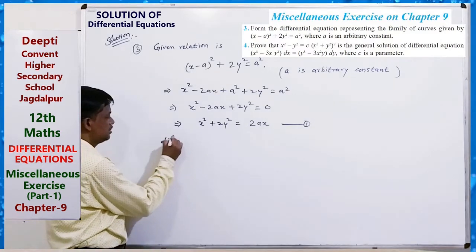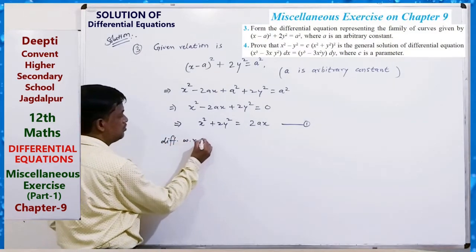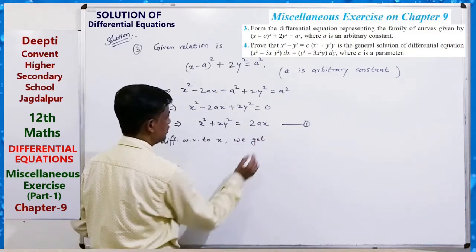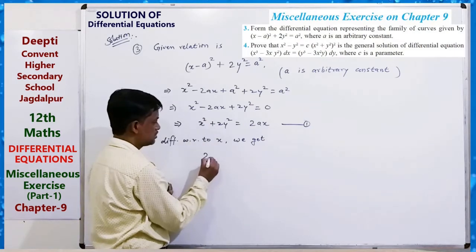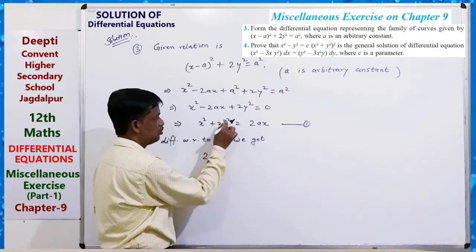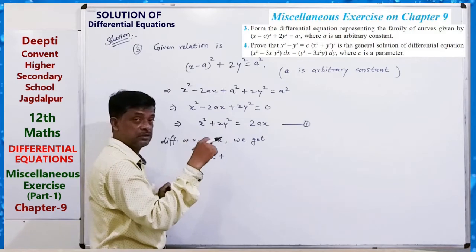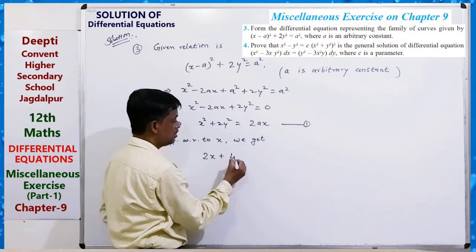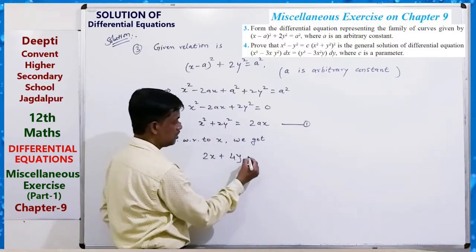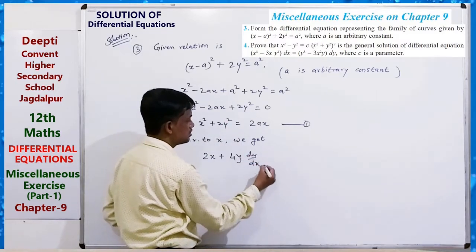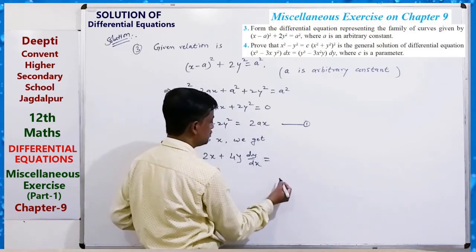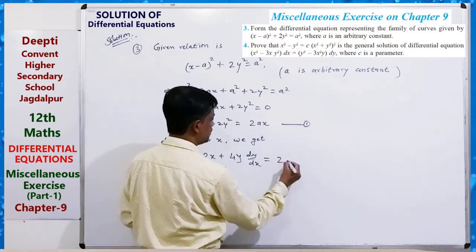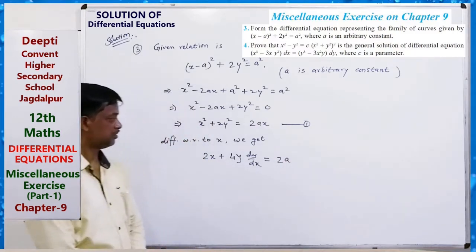Differentiating with respect to x, we get 2x plus, for y square, first with respect to y and then dy by dx, so 2y times 2 means 4y dy upon dx equals 2ax derivative, that is 2a. Clear?